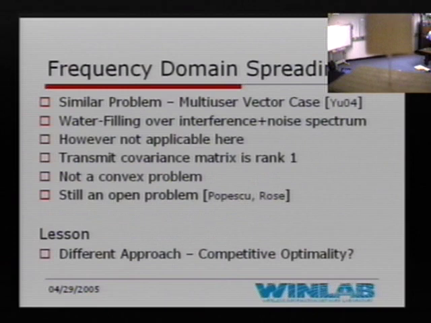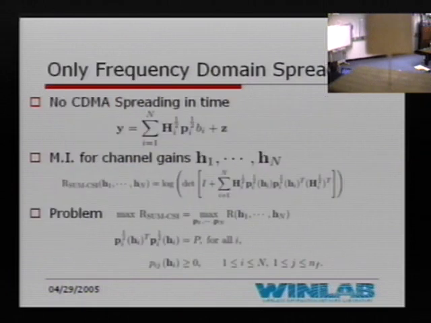If I go back to the literature, we see that similar problems have been addressed, where you call it multi-user vector transmissions, and the optimal solution is water filling over the interference plus noise spectrum. However, such techniques are not applicable here, because if we go back and examine our problem, our transmit symbol is essentially rank 1, because I was replicating the same symbol across different subcarriers.